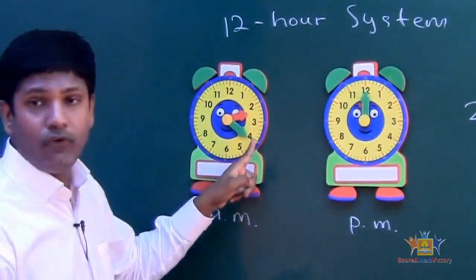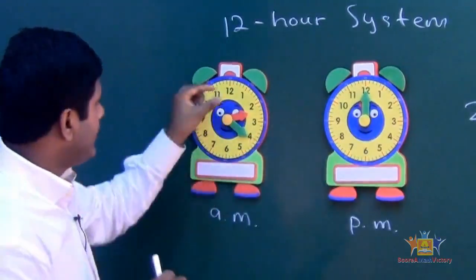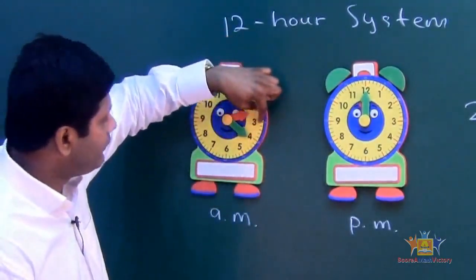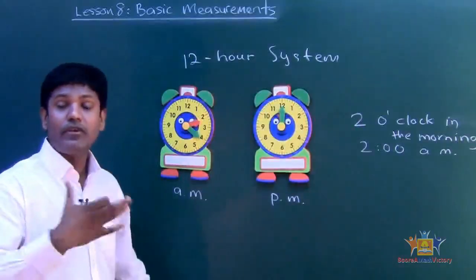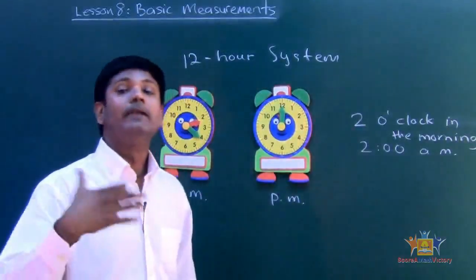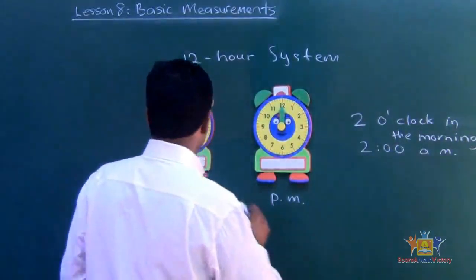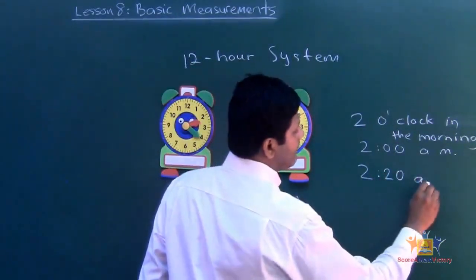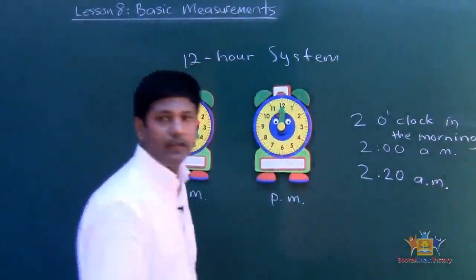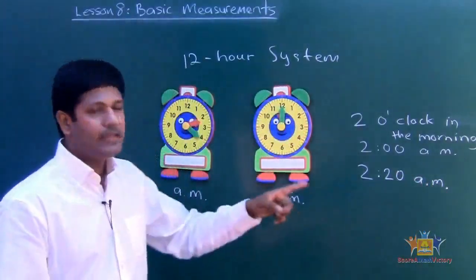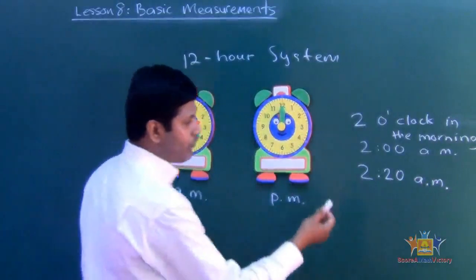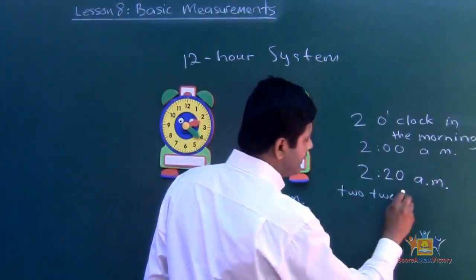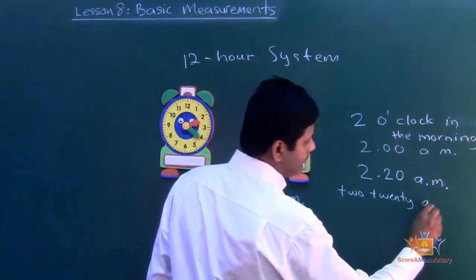If it's pointing at 4, remember we know that each section is how many minutes? 5, 10, 15, 20. Or in other words, 4 times 5. 4 times 5 is what? 20. So in other words, right now the time is 2:20 AM. See that? Okay, 2:20 AM. If I have to write that, I'll say 2:20 AM.